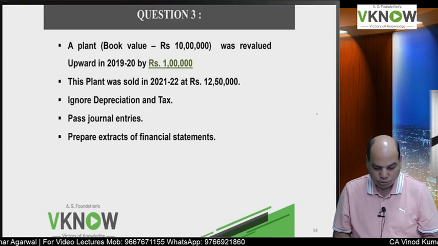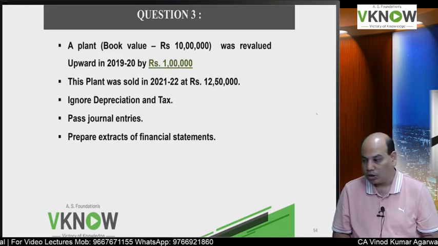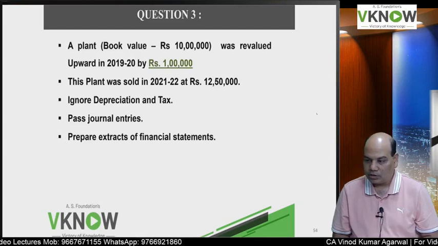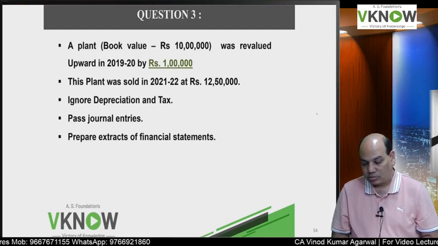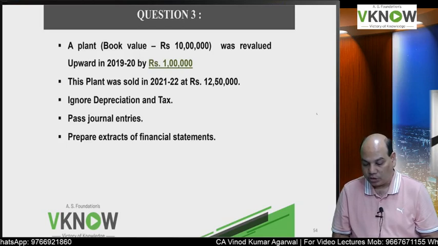A plant whose book value is rupees 10 lakh was revalued upward in 2019-20 by 1 lakh rupees. Okay. So where will that 1 lakh be shown? Revaluation reserve, OCI, non-recyclable.